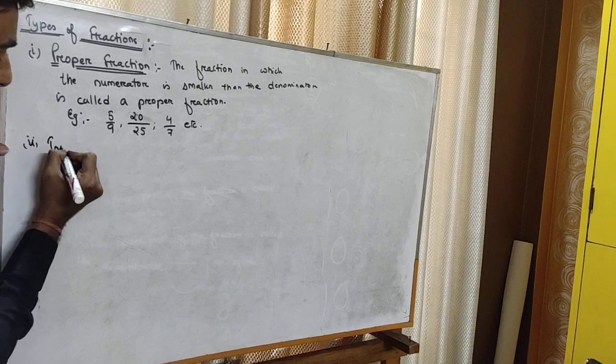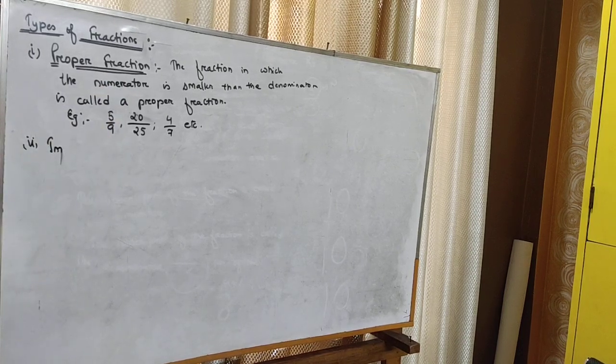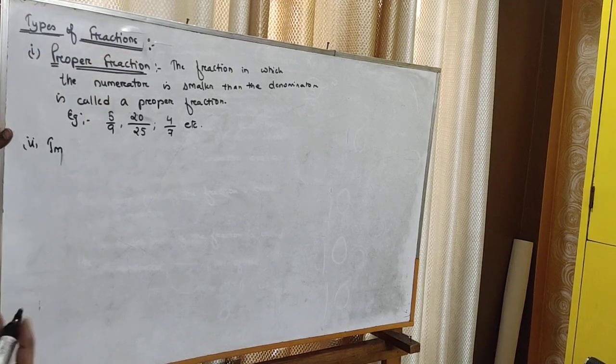Next, improper. If proper has the numerator smaller than the denominator, improper will be the opposite. Improper is exactly opposite of proper.